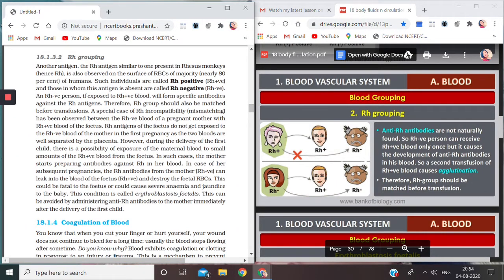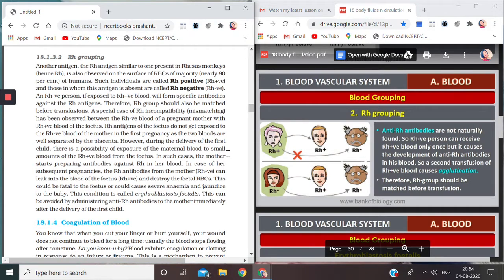The mother starts preparing the antibodies, because for the mother's body, Rh factors are foreigners or enemies, because her body is not having this factor. That is why she was negative, right?